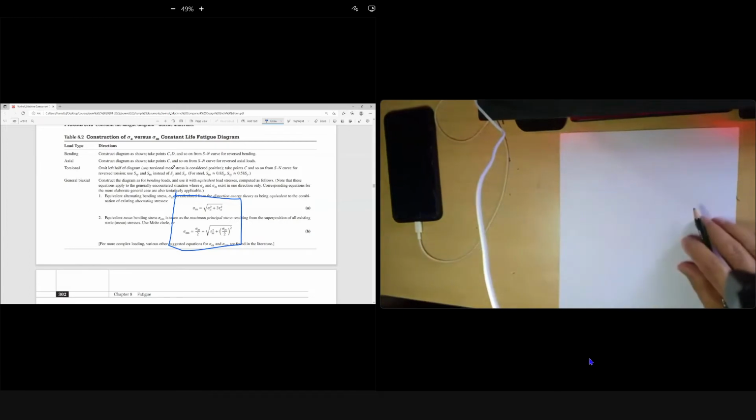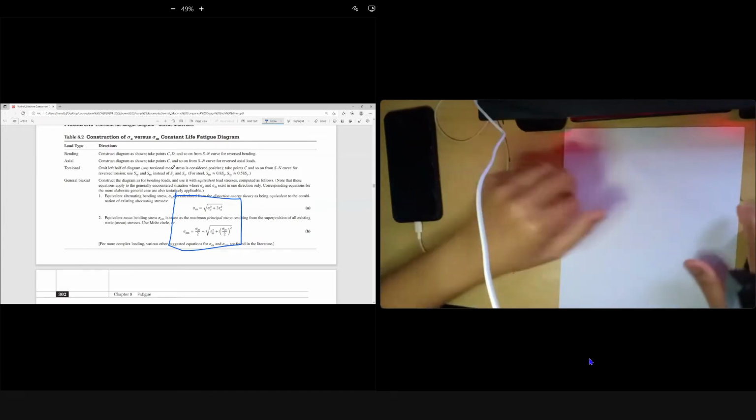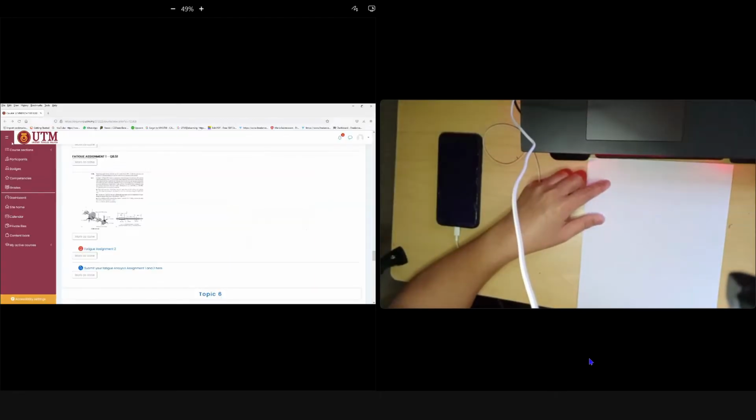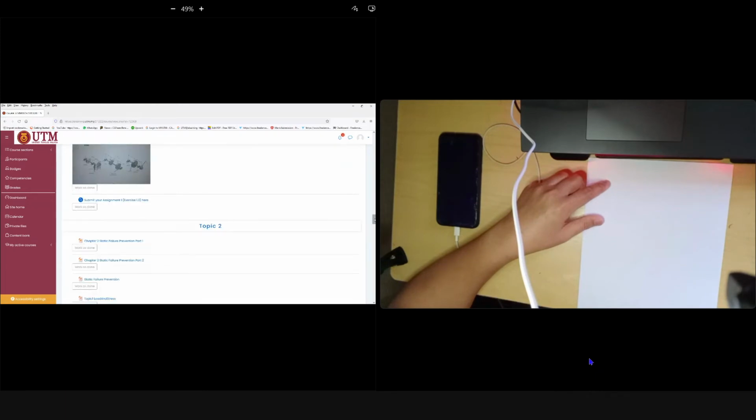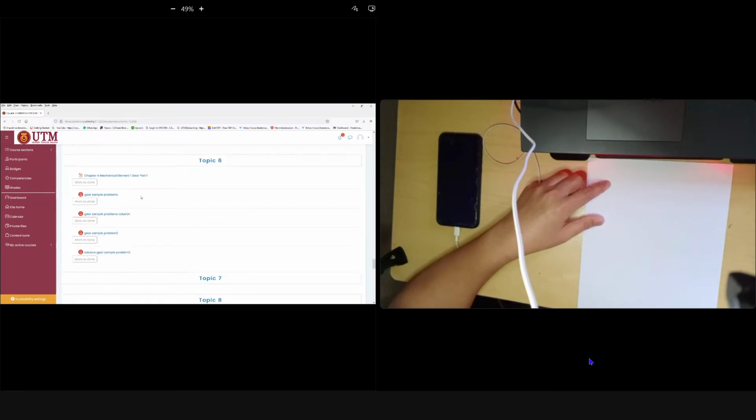Okay, next one is about gears. Can I go for gears? Okay, now for gears, let's go back to our e-learning. What is our gears? Here is the sample problem. Look at this sample problem.